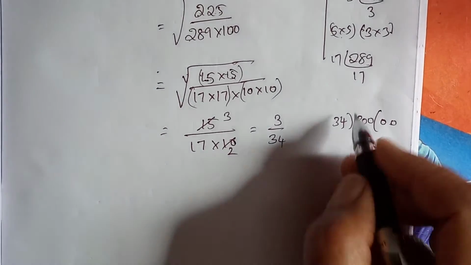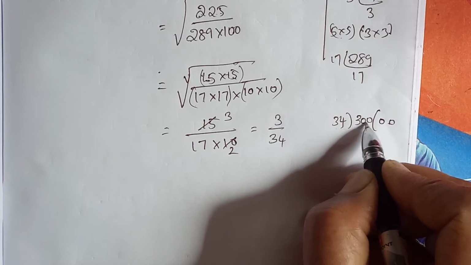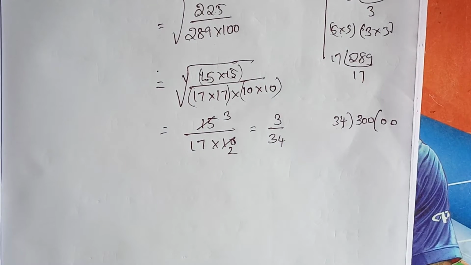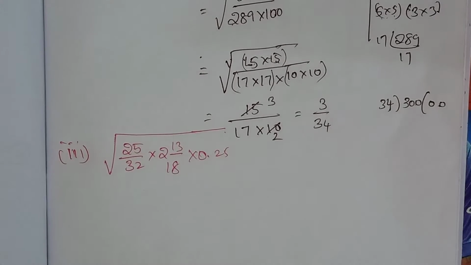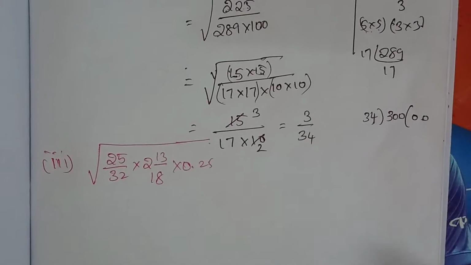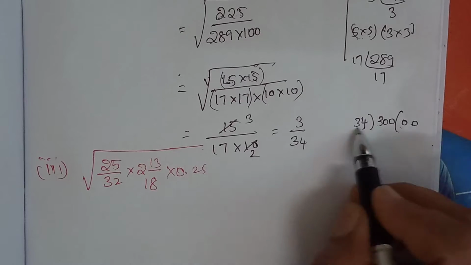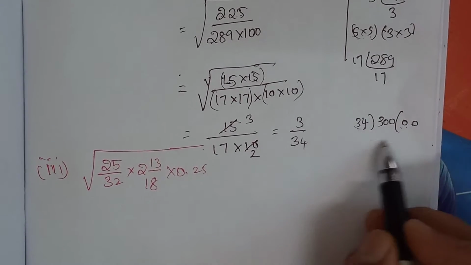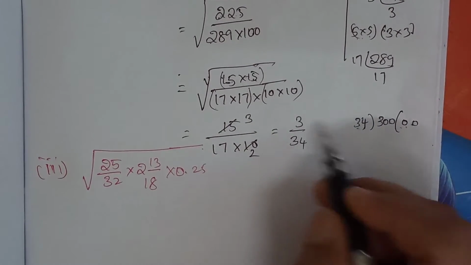Now you can divide 300 by 34. So 3 by 34, you divide. Whatever you get, you can write either in decimal form or fraction form.